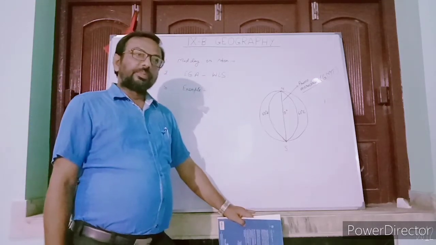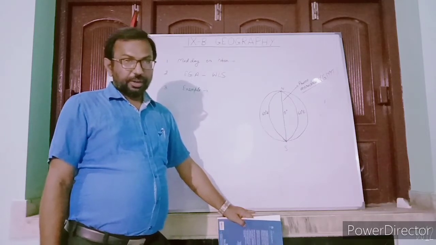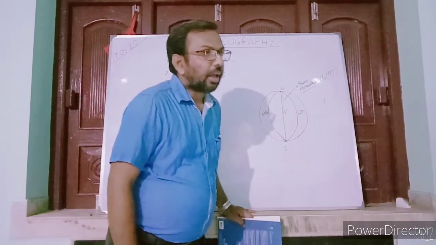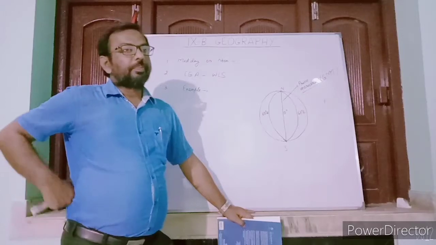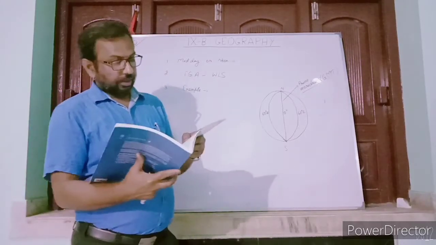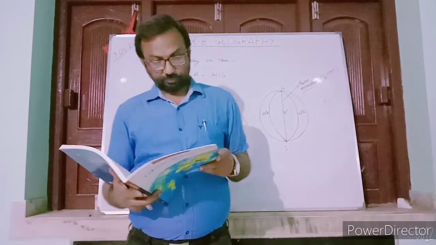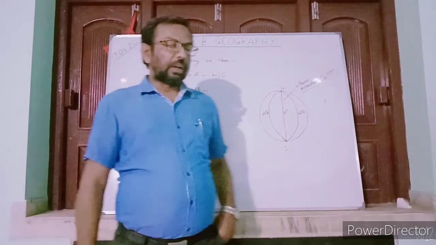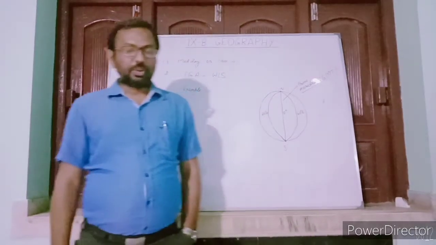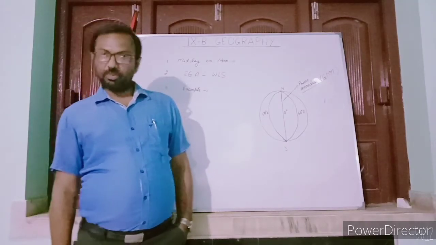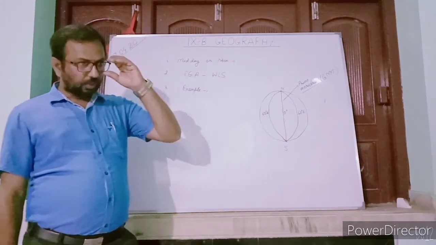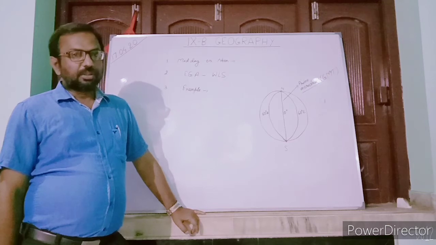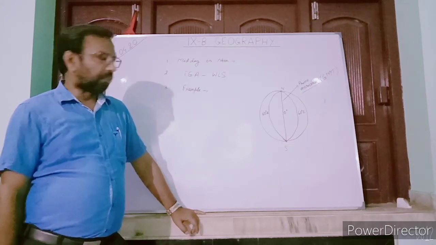For each longitude, time differs by 4 minutes, and for every 15 longitudes, the time differs by 1 hour, because the earth completes its rotation within 24 hours from west to east. Due to this rotation, you have learned what the apparent movement of the earth is.